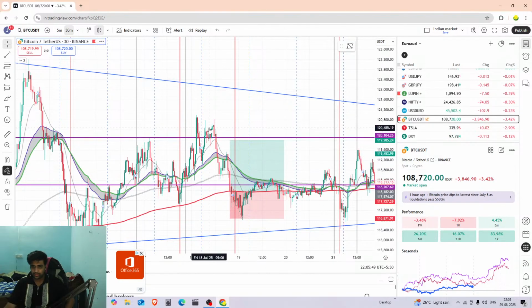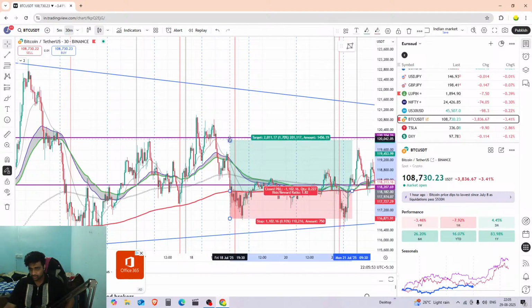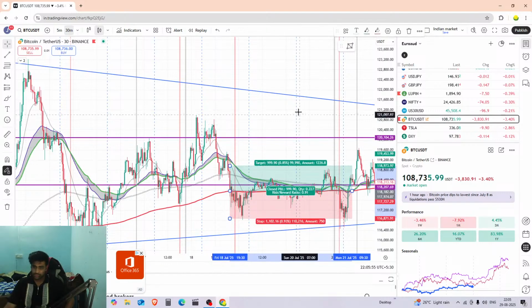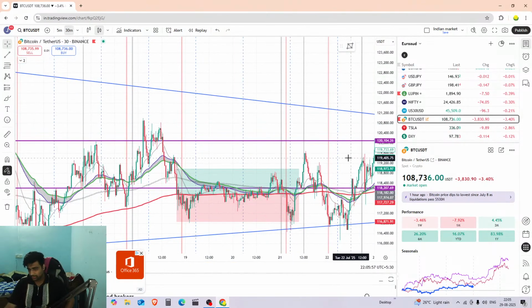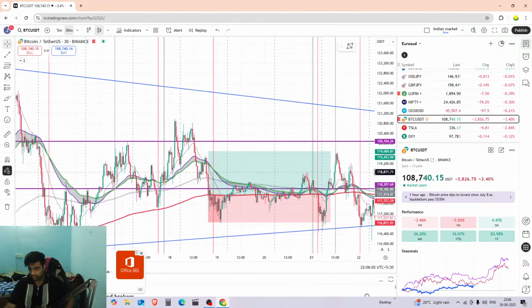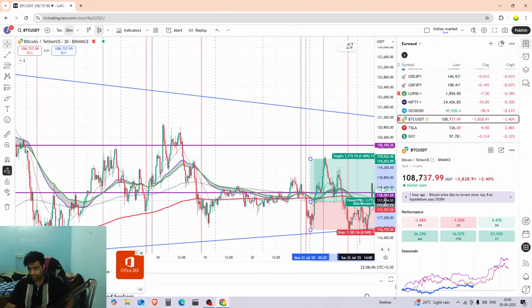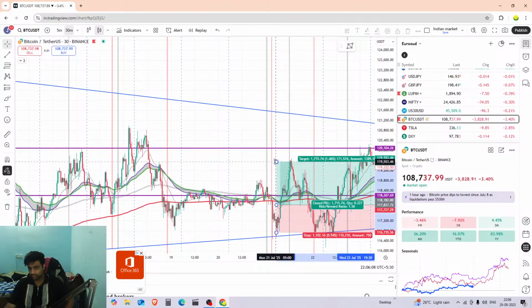Oh, we missed this one. See, if there is too much consolidation, that means the trend is weak, so you can exit, but not a problem. Like, you can still take it here till here. Okay, I went long again. Boom.